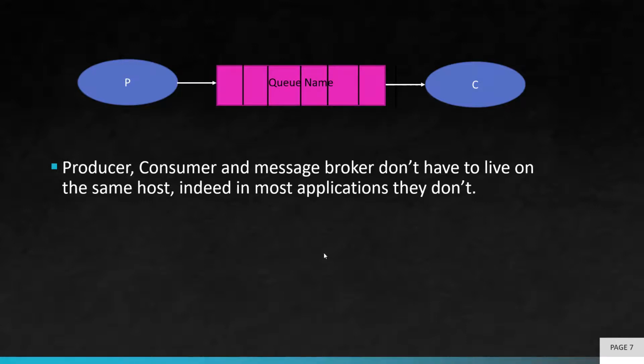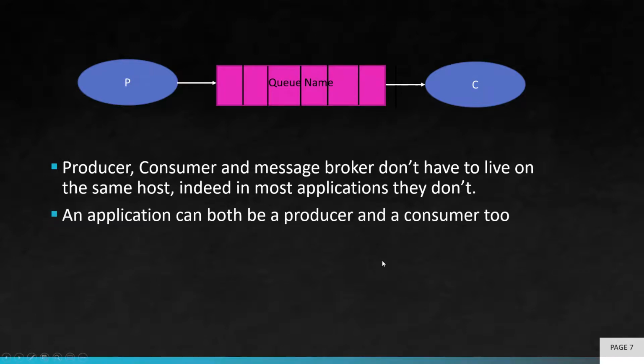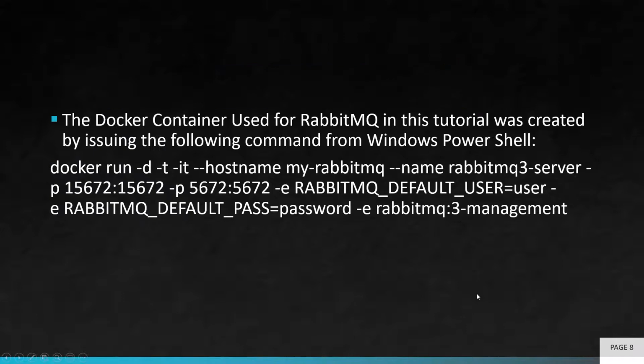Indeed, in most applications they don't. They can all live on different hosts. What we are creating today is a Docker container which holds the message broker, while the producer and consumer are living on my local host. An application can both be a producer and a consumer too. This is a special case which we are not going to see in this tutorial.